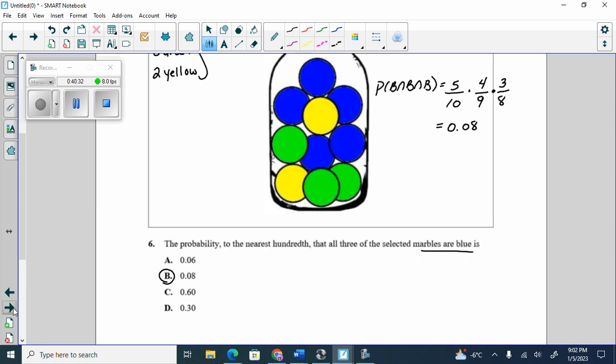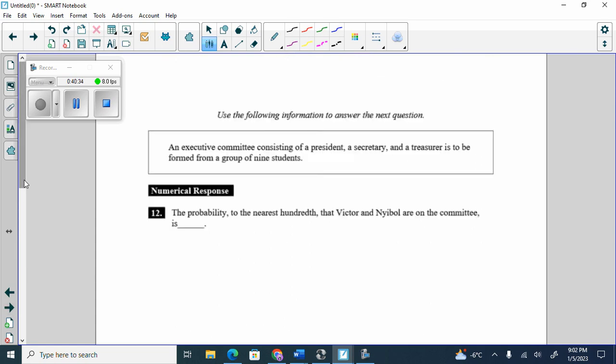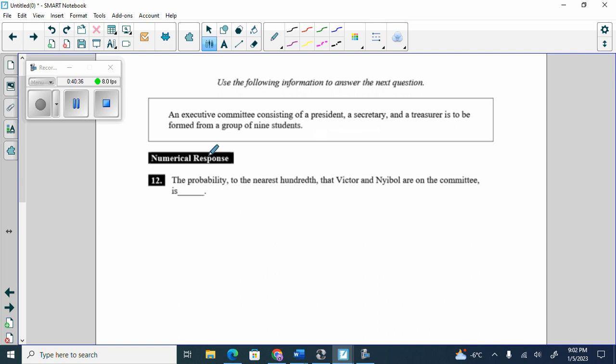All right, and we have number 12. An executive committee consisting of a president, secretary, treasurer. Wow, we are giving these guys jobs. When we give these guys jobs, it is a permutation.